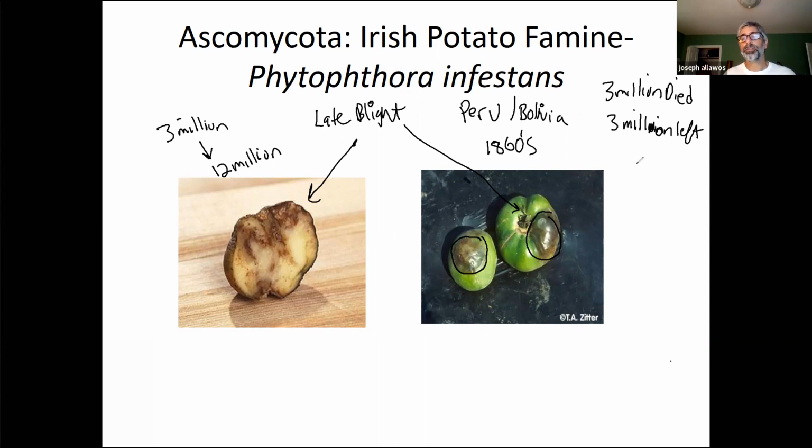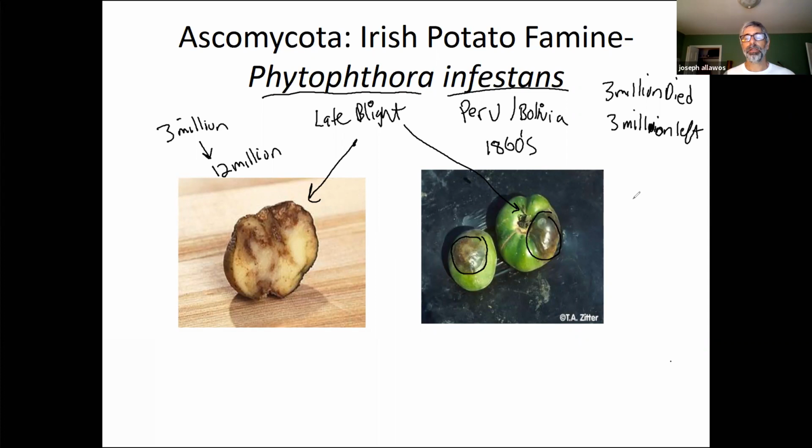So if you are of Irish descent and you are in the United States watching this video, there's a pretty good chance that you're sitting here because of a fungus, right? And so this is a really dramatic example of ethnobotany and the relevance of both plants and fungi in this case, because they're both involved, right?